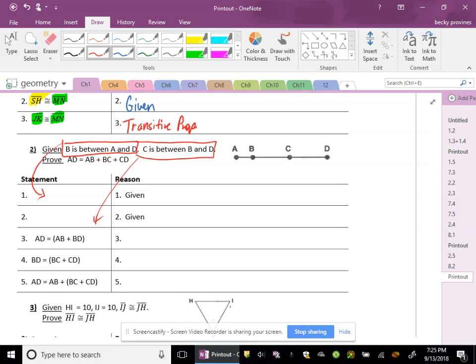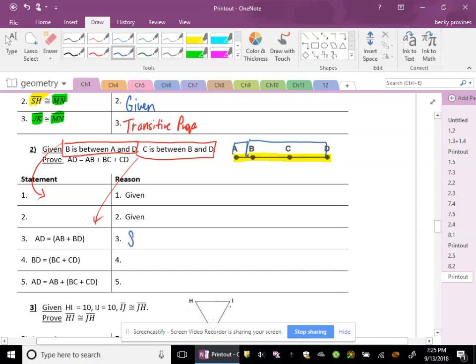Okay, let's try to figure this out. In step 3, it says A to D is equal to A to B plus B to D. This is old stuff from chapter 1. Little segment plus little segment equals big segment. What is that called?